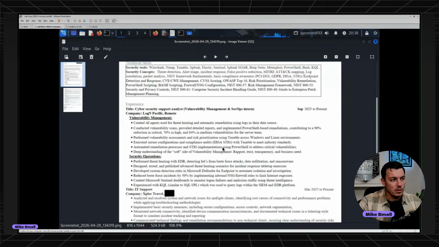If you're looking for a SOC role, you have a lot of stuff that is not applicable to a SOC analyst. Like, I don't care if you know NIST as a SOC analyst. If you're GRC, good, throw it in there. I don't care if you do vulnerability remediation. That's not your job. I don't care that you know how to do firewall configurations. That's not your job. Bash scripting, okay. PowerShell, okay. CVSS scoring, not applicable.